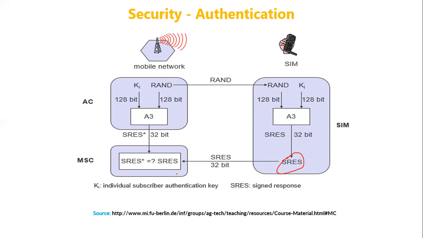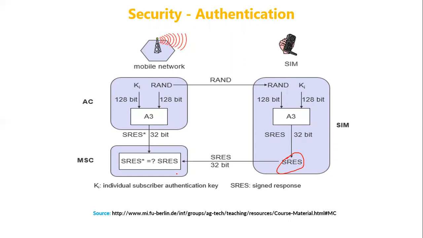Basically, there are three algorithms to provide all these services: A3, A5, and A8. A3 is for authentication, A5 for encryption, and A8 for the cipher key. We discussed how authentication is done by generating a random number using the challenge response method.